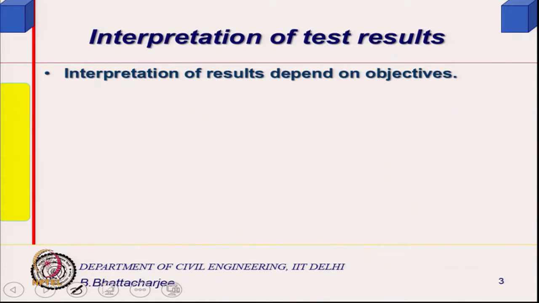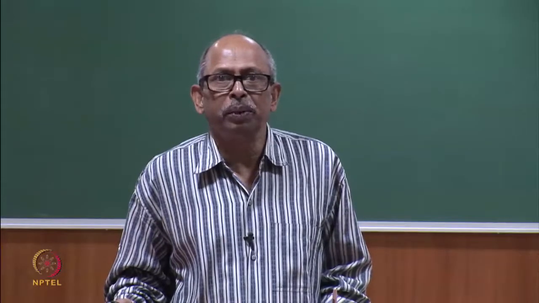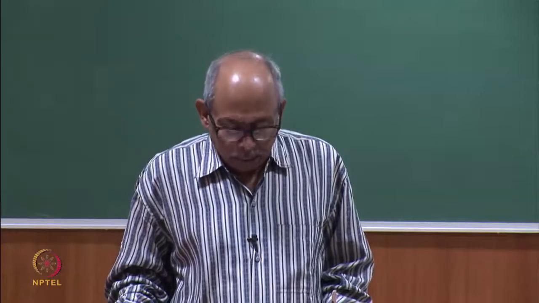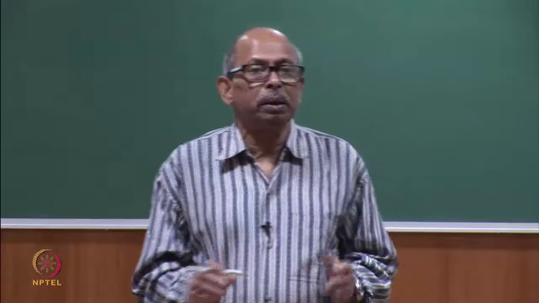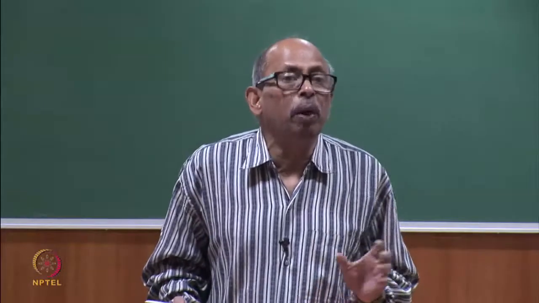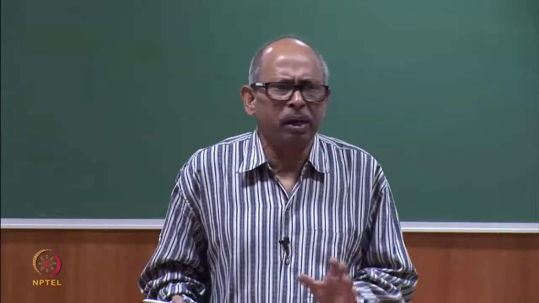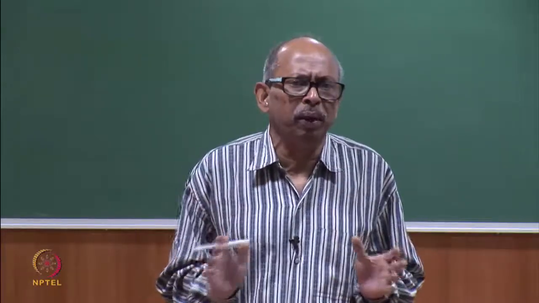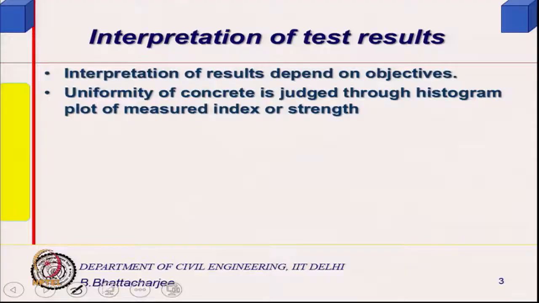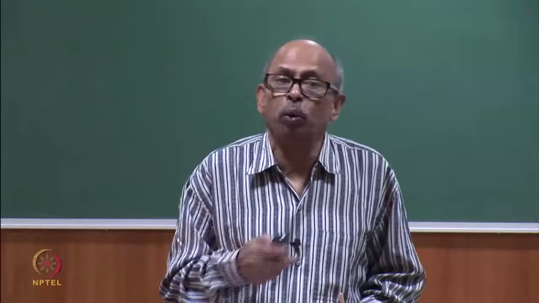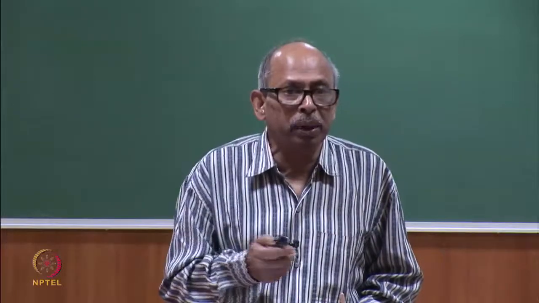It depends upon the objective. Sometimes, as I said, there is a little bit of doubt about the quality of concrete, nothing else. Strength is not soundness; you want to find out whether concrete is sufficiently sound or not. So, you can do a histogram plot of any one of the measured values, for example, rebound number index or ultrasonic pulse velocity, or if you have taken cores, too many number of cores, or some strength index like CAPO or something like that.